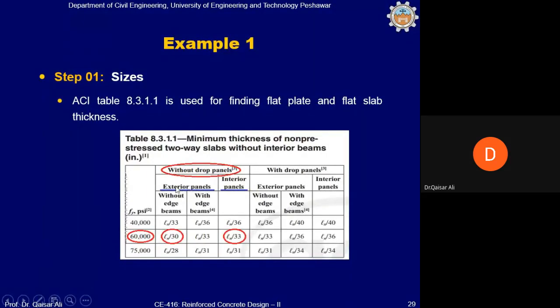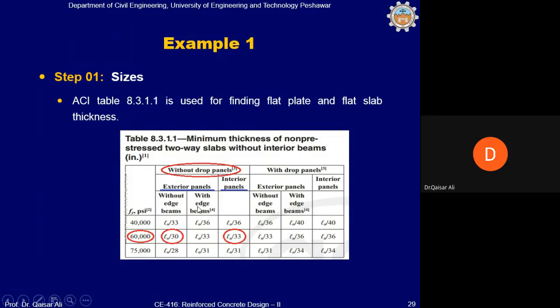If you look at the exterior panel equation, it will give us more thickness than that of the interior panel. And because in almost all the conditions we will keep a uniform thickness of the slab, for that reason the exterior panel thickness will govern.